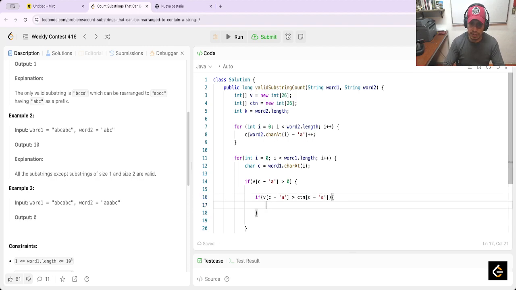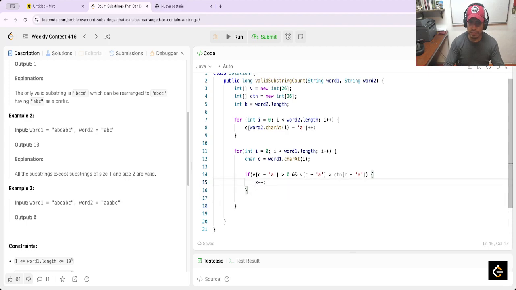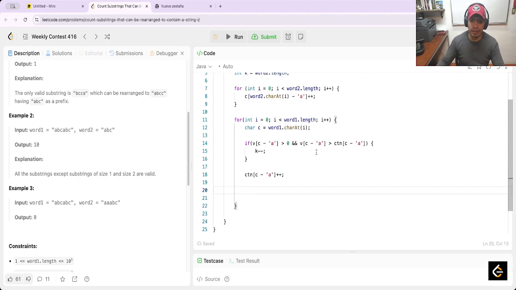When happen this, basically k less, I think that this can be in this way. Yeah, and next is counter in the index, increment, and next is a while, and this while is basically for the sliding windows.